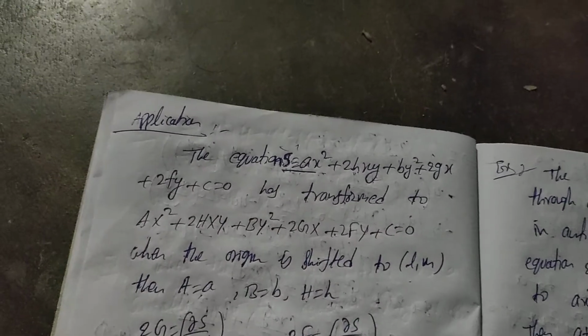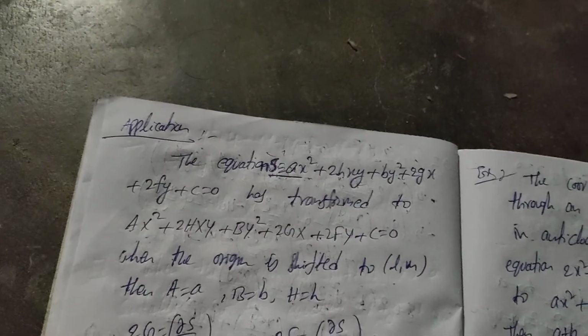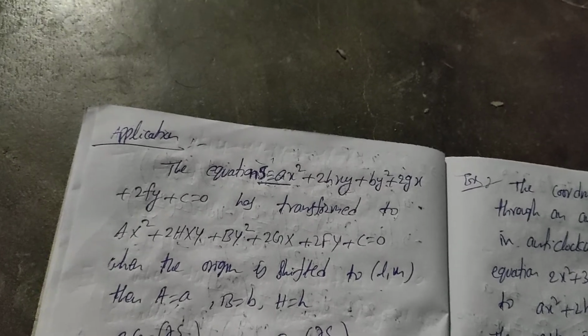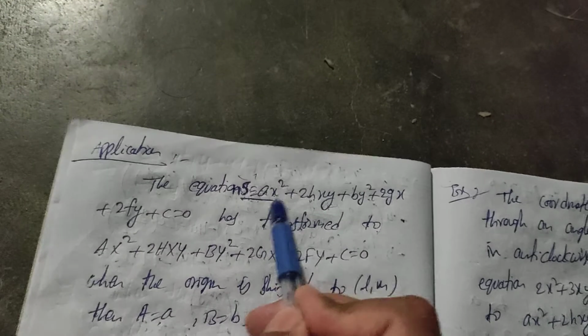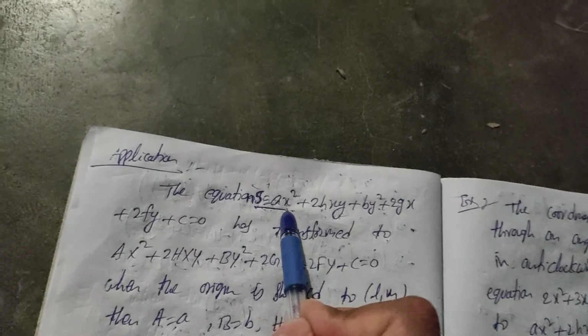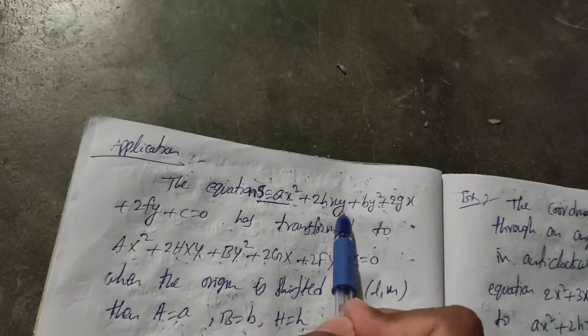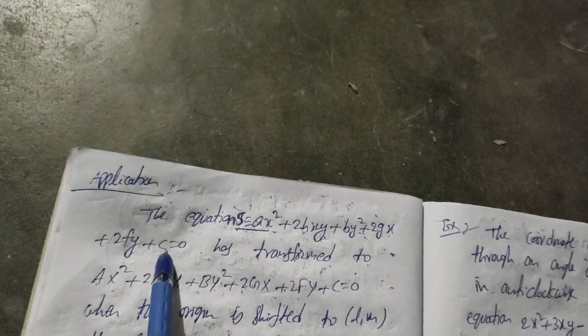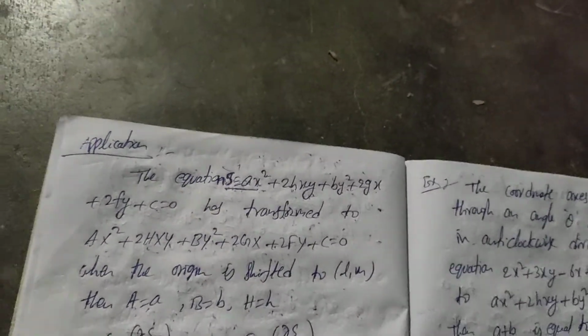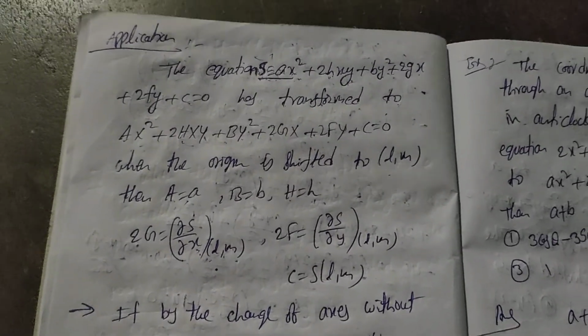Then partial differentiation with respect to x means only the x terms are variables, and the remaining are all constants. That means here in ax square, x is the variable; here x is the variable and y is the constant; here y is constant; here x is variable and y is constant; so c is also constant with respect to x whenever you are doing partial differentiation.